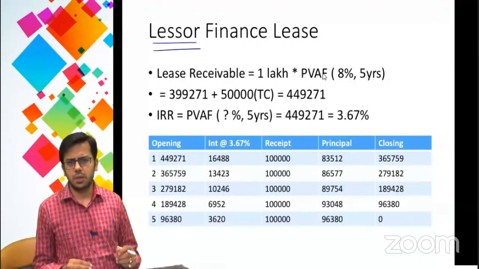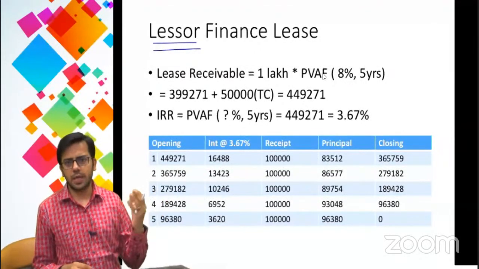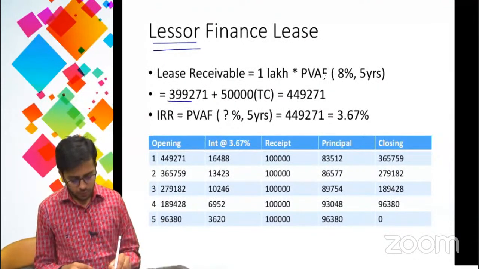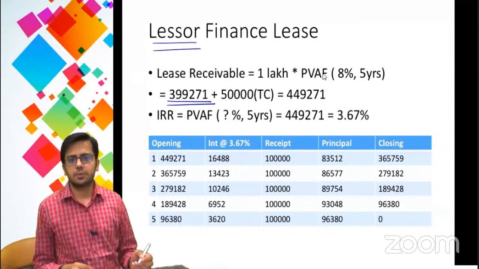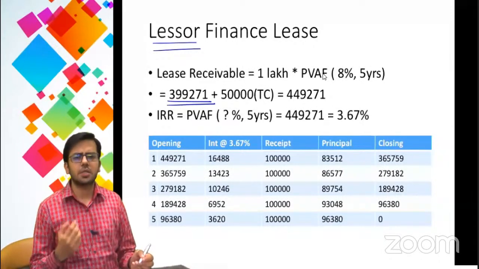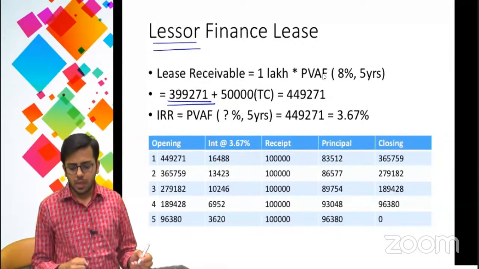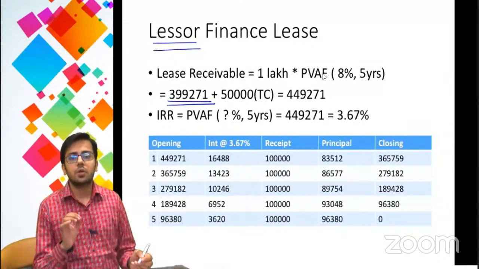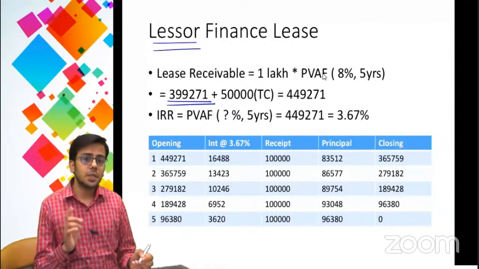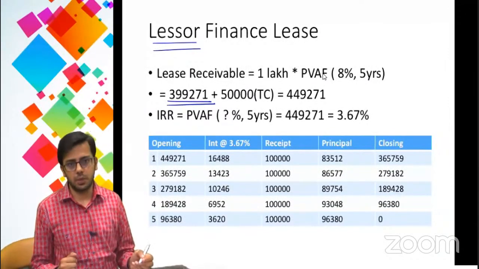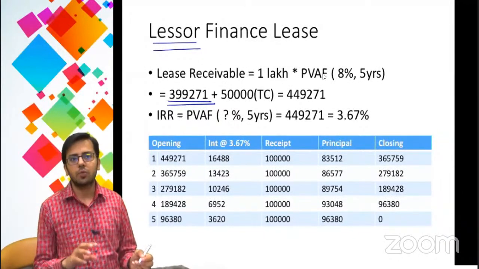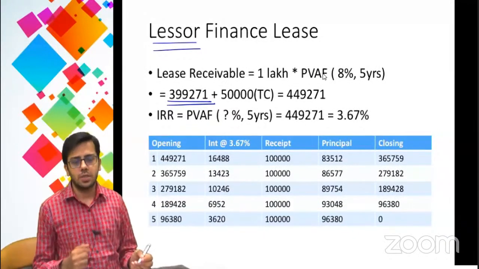He has to do two things. First, considering the present value of 1 lakh at the discount rate applicable to the asset, 3,99,271. He has also paid a transaction cost of 50,000. Even this 50,000 transaction cost will be considered a part of lease receivable and added to lease receivable.